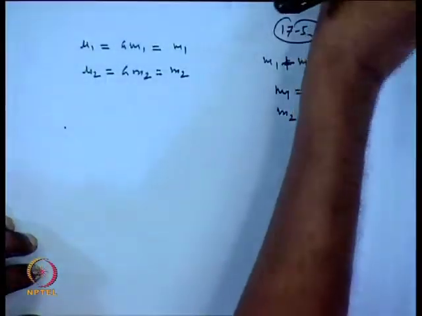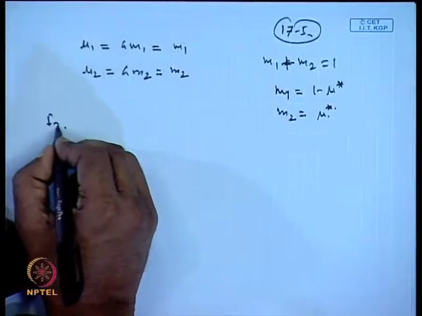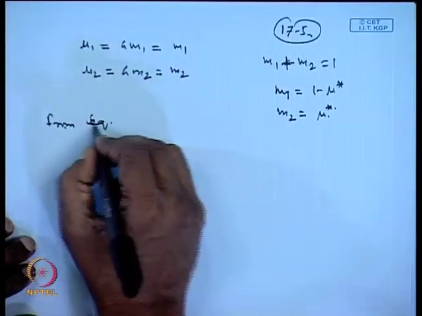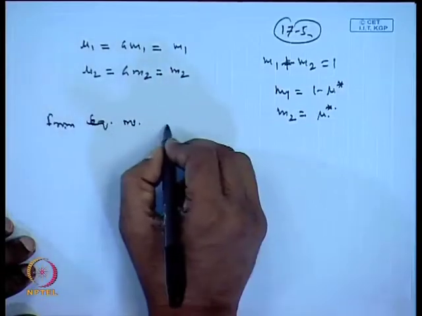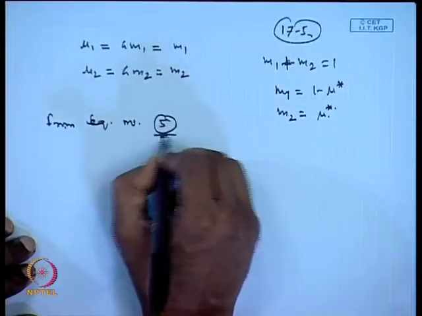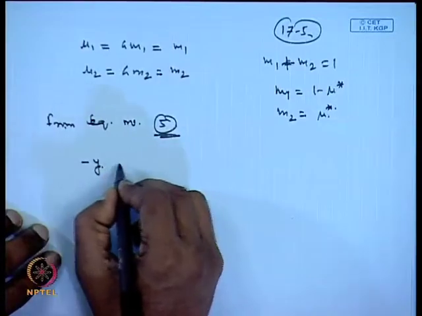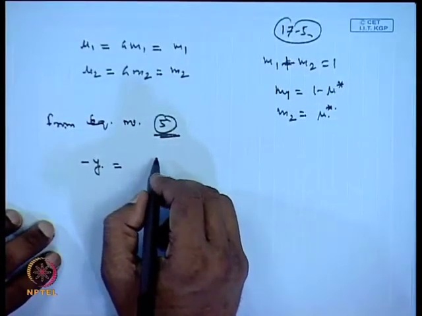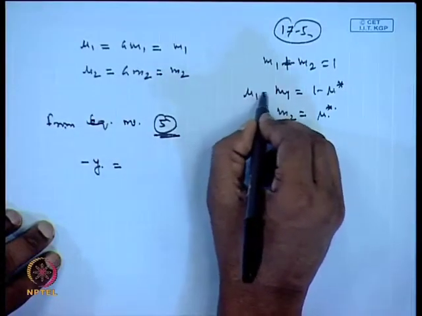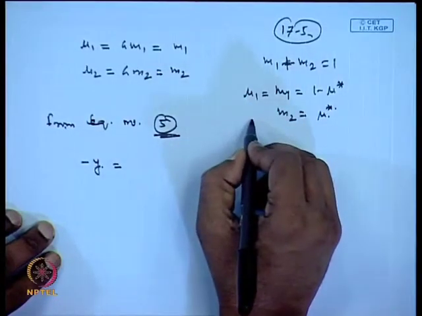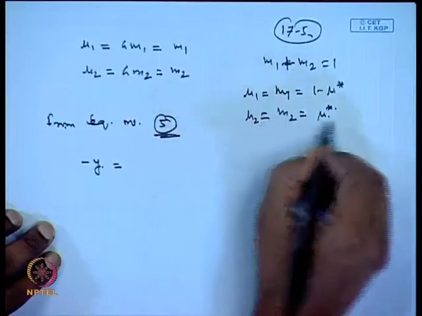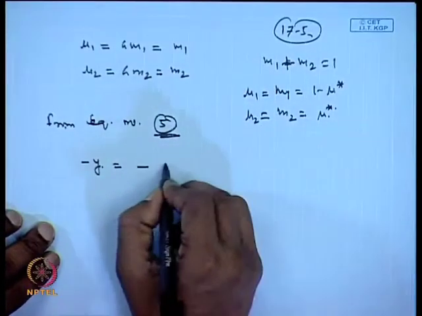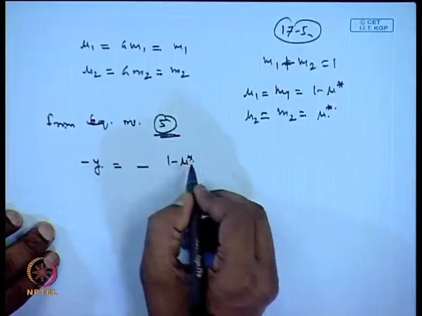So, from equation number 5, we have minus y equal to mu 1, which is nothing but m 1, equal to 1 minus mu star, and mu 2 similarly is mu star. So we can write this as 1 minus mu star.